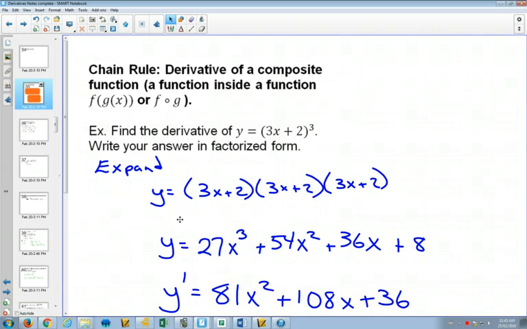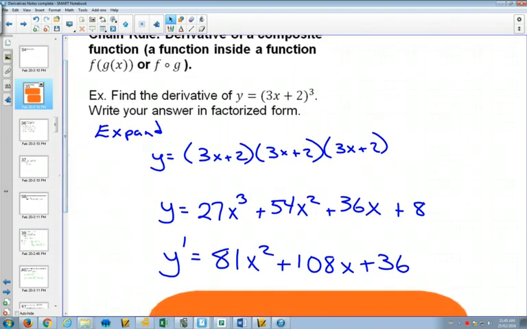That is something that is easy to do the derivative of because we just have a bunch of power rules, and it's sum and difference, which means we can just add them in the end anyways. So we get our derivative to be 81x squared plus 108x plus 36. This question says write our answer in factored form.